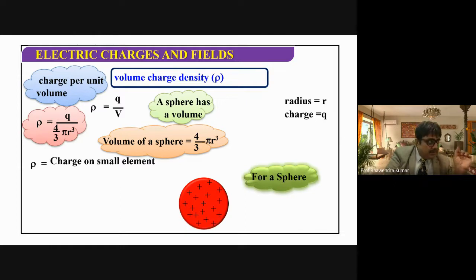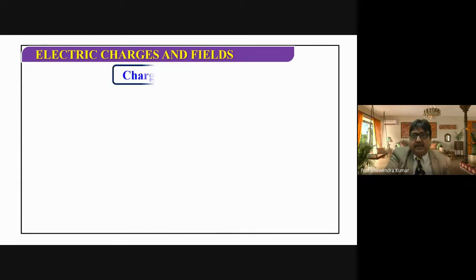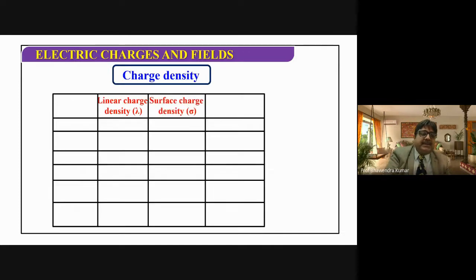If I have considered a small element, then I consider the volume of that small element and the corresponding charge held by it. So it can be written as dq by dV. Okay. Unit will be what? Coulomb per meter cube. Dimension will be what? L minus 3, M0, I1, T1. Is that clear?